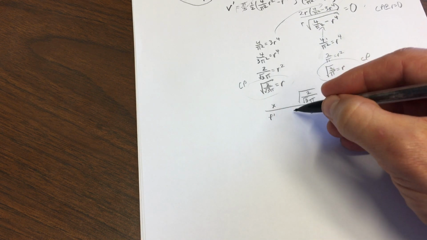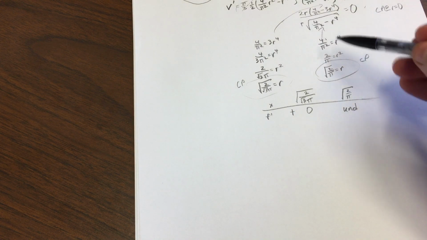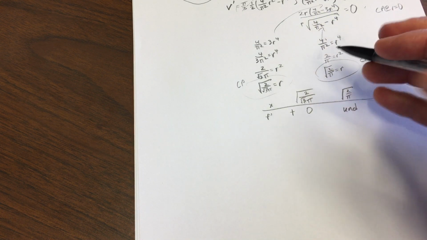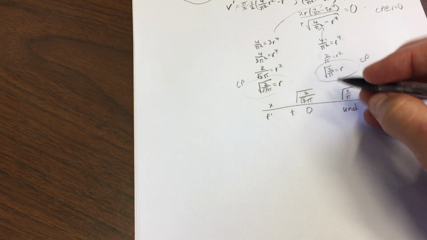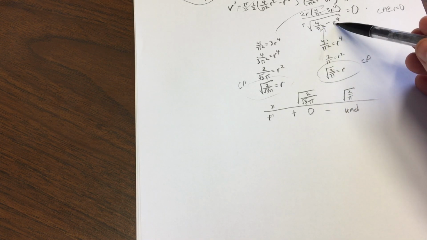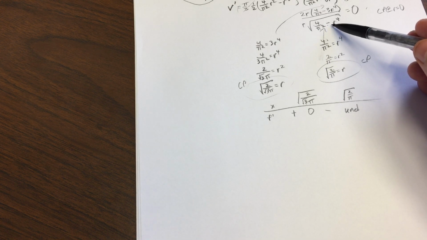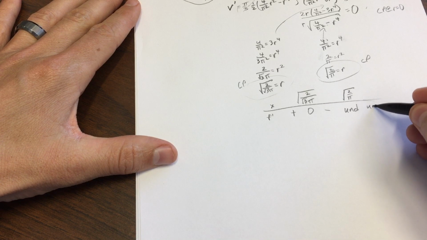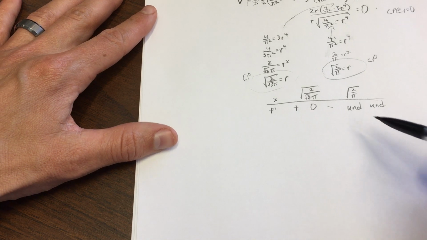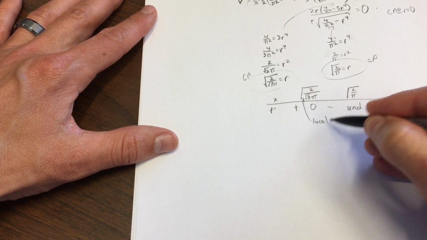That means this becomes positive, right? So we have positive. Then as r gets bigger, this term is getting bigger, so the numerator becomes negative. This term is still positive at this point, negative. Past that point, we have something that is undefined. So that seems to be the end of my domain right there. Okay, so that says this is the local max.